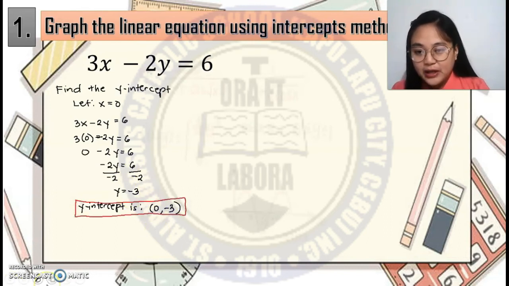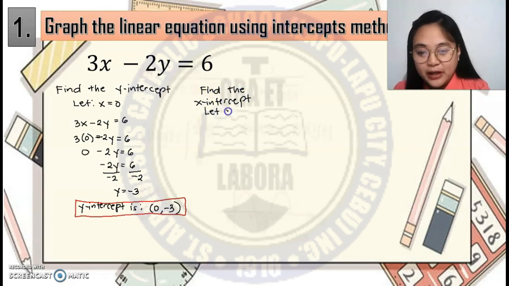And for the x-intercept, in finding the x-intercept, we will let y be equal to 0. So from the given 3x minus 2y equals 6, we will substitute 0 to y, and it will become 3x equals 6.